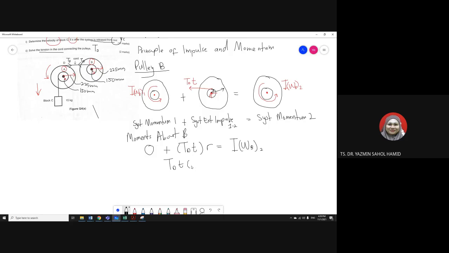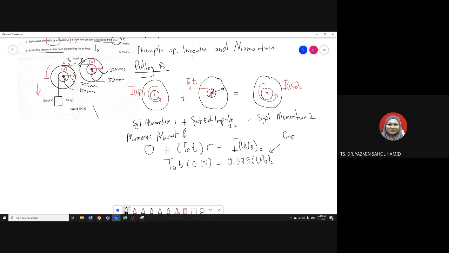The inner radius, so R will be 0.15. I changed the unit from 150 millimeters to meters, so it's 0.15, equals to I. In the question, I is given already. What is I? 0.375. And what is omega B? Omega B we need to find.